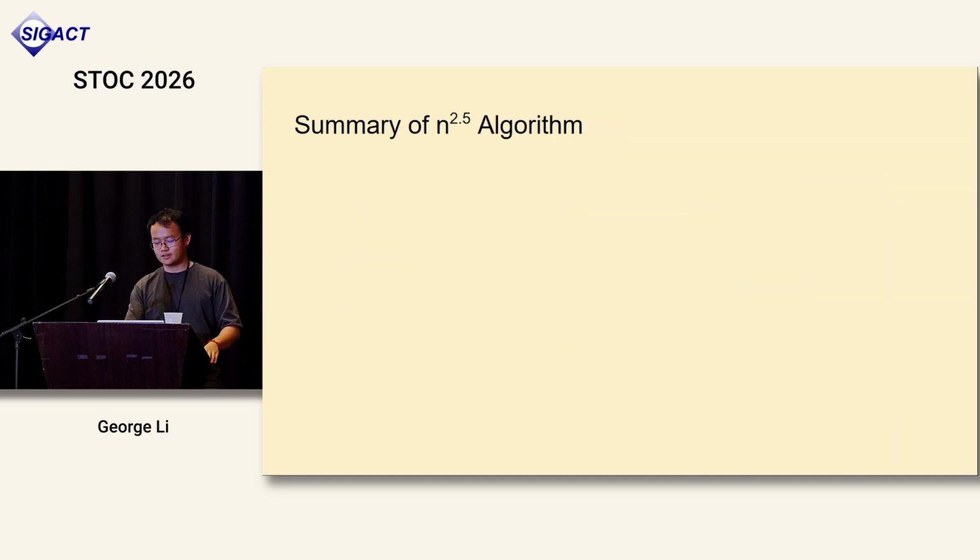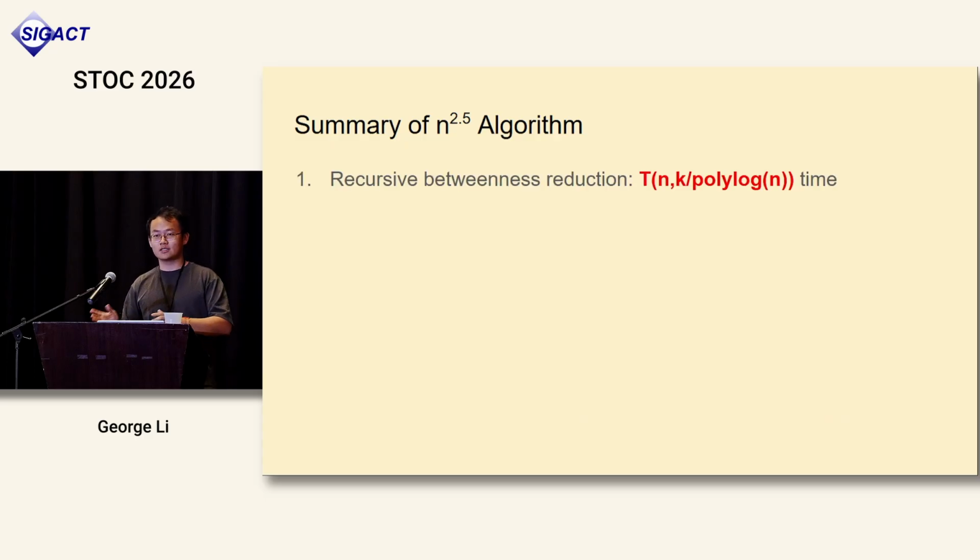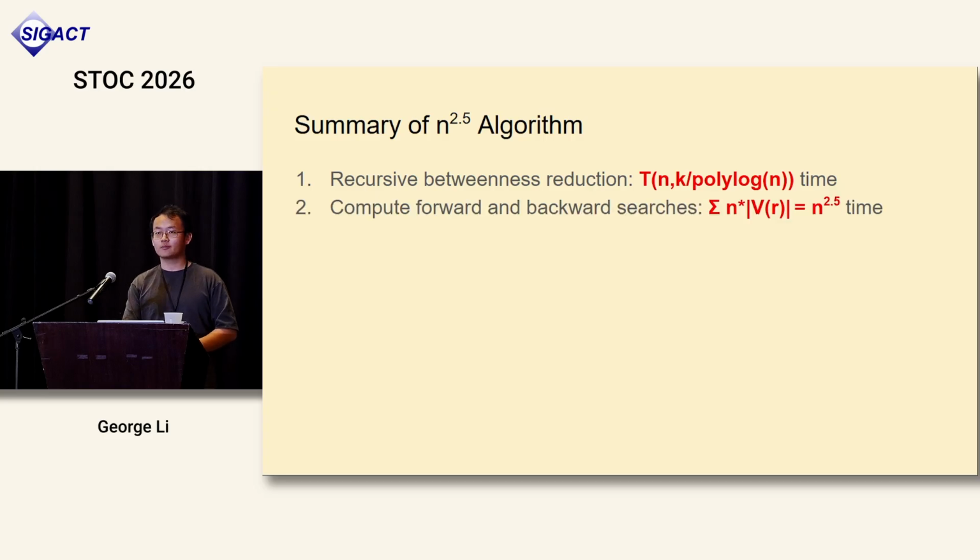So to summarize, the first step is this pre-processing step I just told you about. It turns out to be a recursive pre-processing step, and it takes time of one recursive call to negative weight shortest paths. Then you can compute the forward and backward searches in n to the 2.5 time.